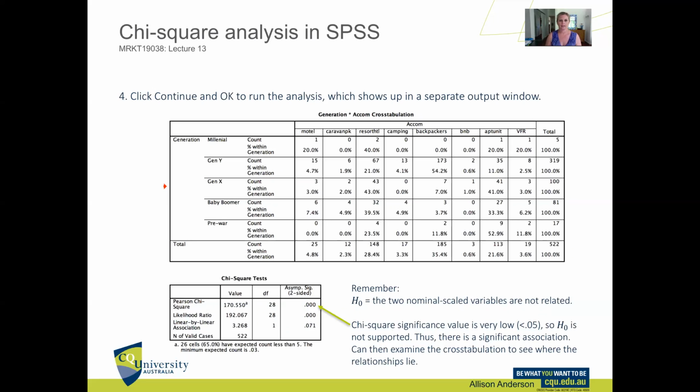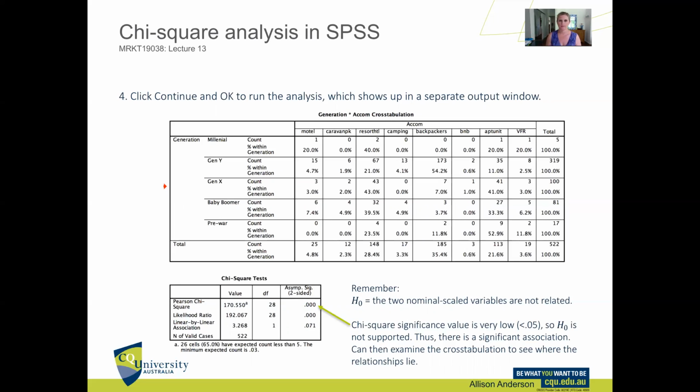And you can see here that I've asked for the percentages to be shown across the rows. So this is percentage within generation, okay? This is not showing the percentage within motel. So the motel column percentages don't add up to 100. The rows add up to 100, okay?